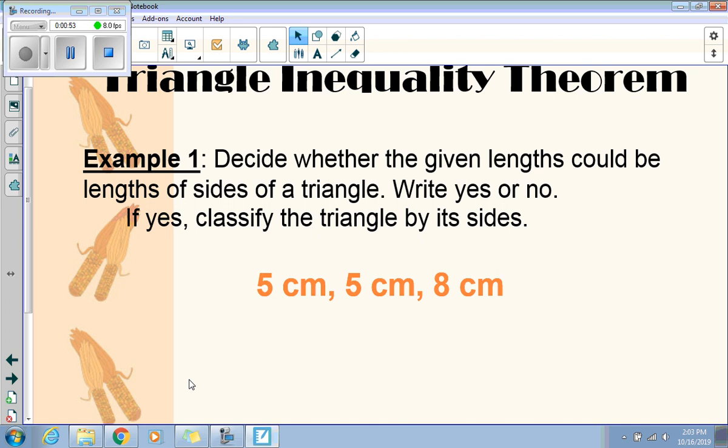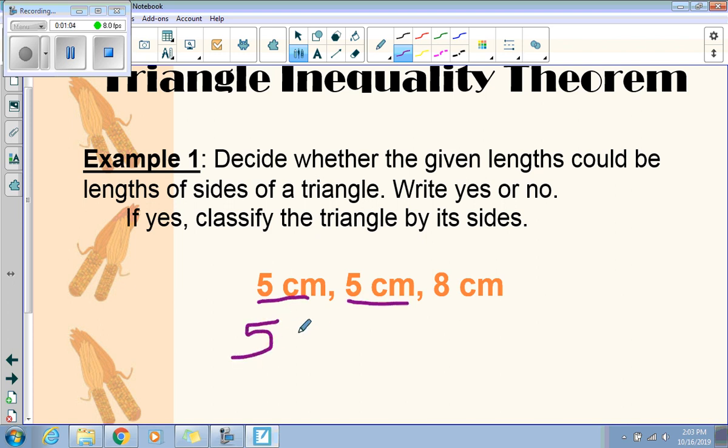So here we're looking and we're going to say the two smallest lengths that we see here are 5 and 5. So if I take 5 and I add it to 5, I'm going to get 10, which is indeed greater than 8.